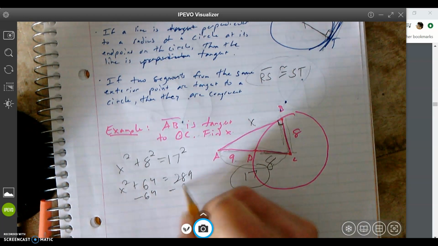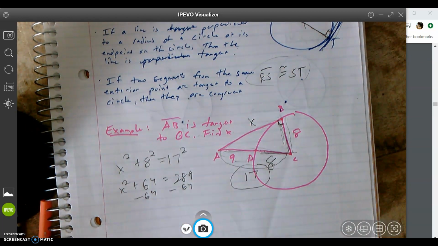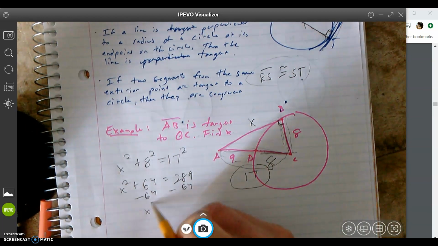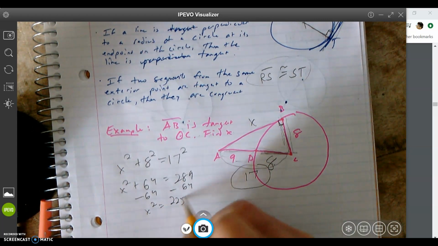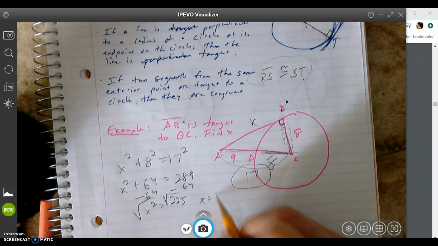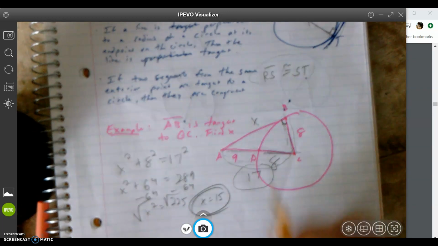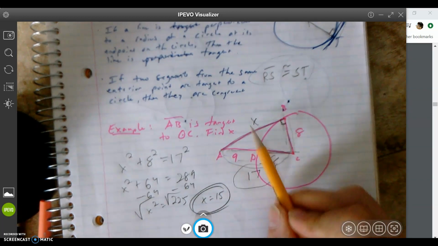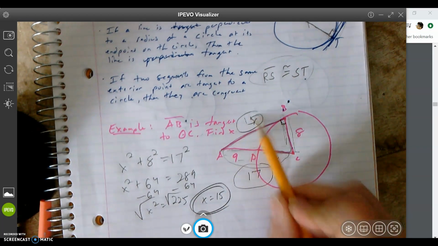Subtract 64 on both sides. 289 minus 64 is 225. Square root. There we go. X equals 15. So this whole thing, A to B, this tangent, is 15.